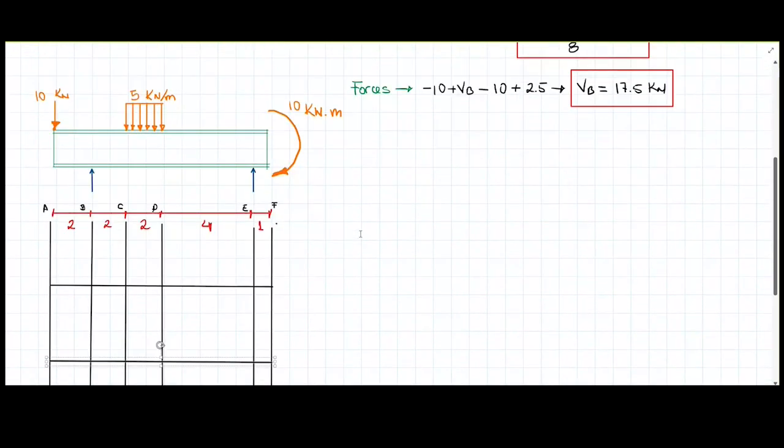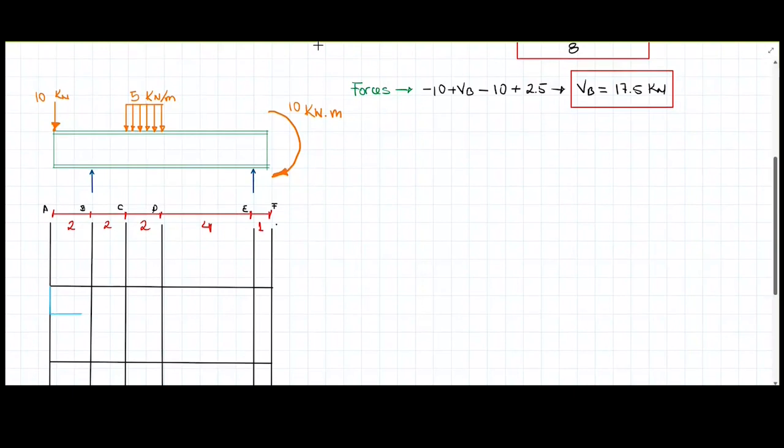I'm going to go over this in a way that is intuitive. So I have a 10 kilonewtons pointing down. That's going to bring me the diagram to this point. Then this is going to continue horizontally because there is no other force until it reaches the B support here. Then due to the B support, this is going to bring us up and it's going to cross this horizontal axis because it's going to be 17.5 minus 10.